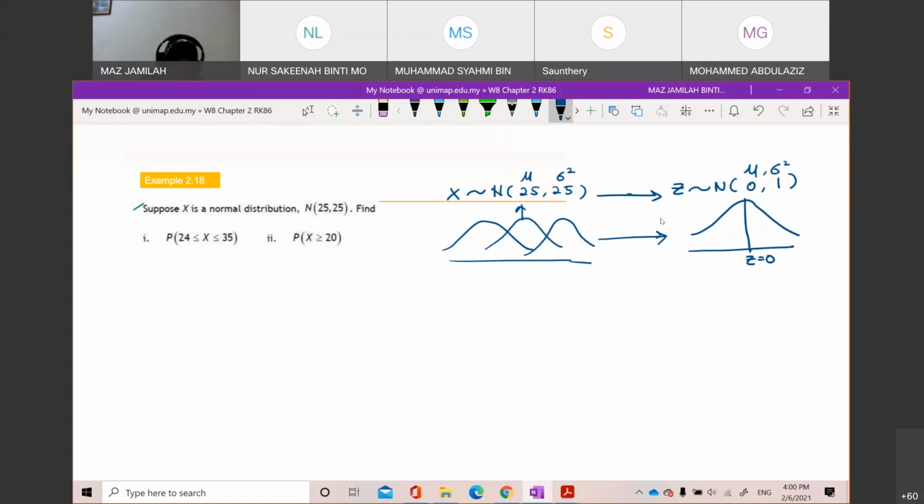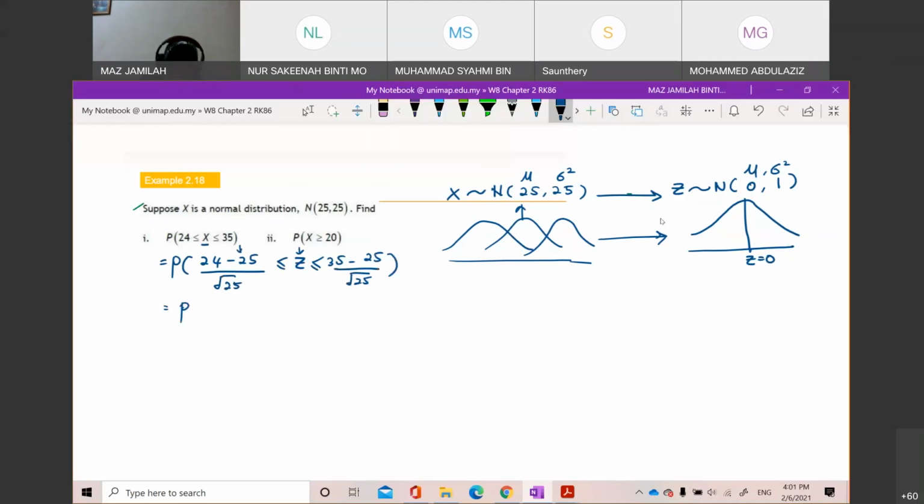In order to apply the transformation, here P of (24 minus 25) divided by the standard deviation, which is the square root of 25, Z. Remember, originally it is X, and when you transform using standard normal, it becomes Z. And (35 minus 25) divided by the square root of 25.